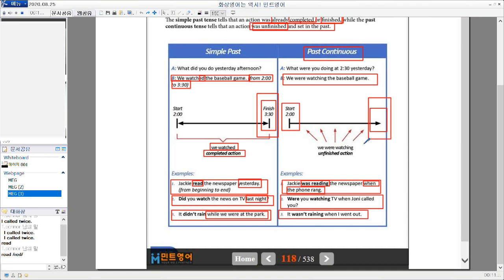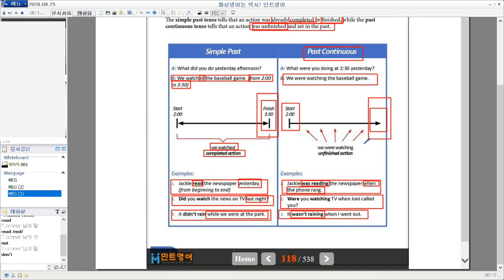Number 3. It wasn't raining when I went out. That's right. So it's negative, not. So wasn't raining when you went out. So it's very easy for negative. Remember negative, not, don't.